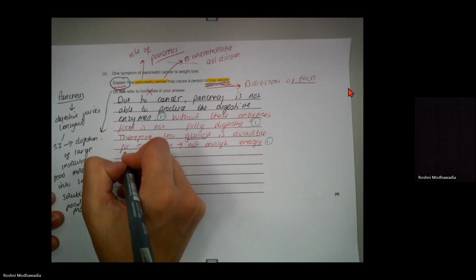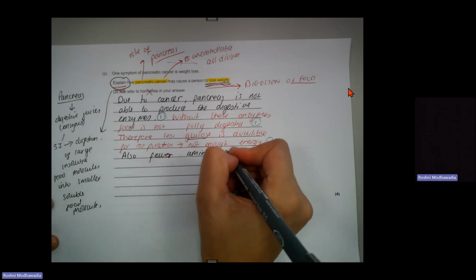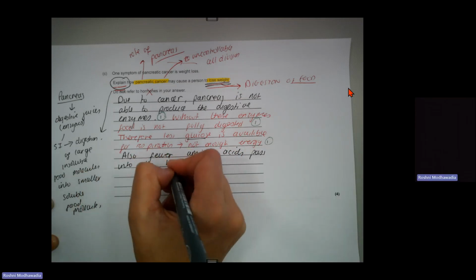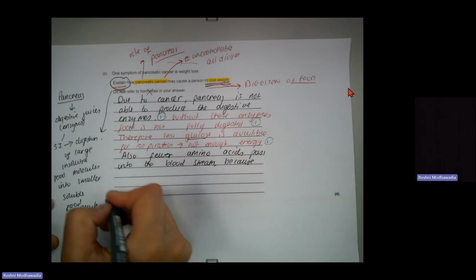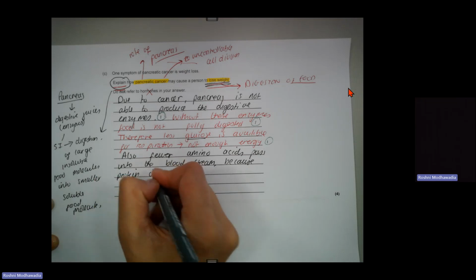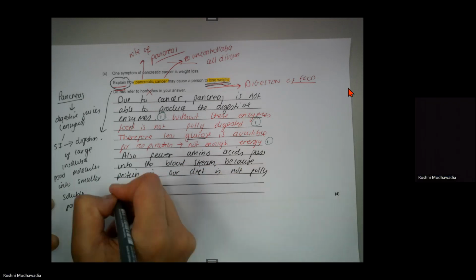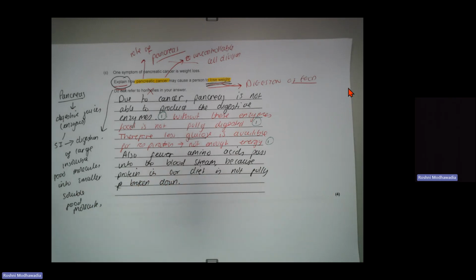So, also, fewer amino acids pass into the bloodstream because the protein in our diet is not fully broken down. So we're eating protein, but our pancreas is unwell. It's not producing enough digestive enzymes, and therefore we're not fully able to break that protein into the amino acids.